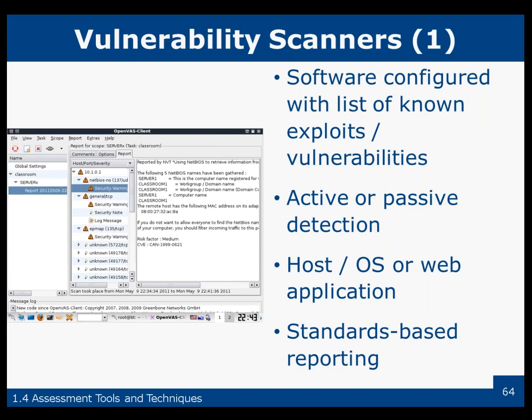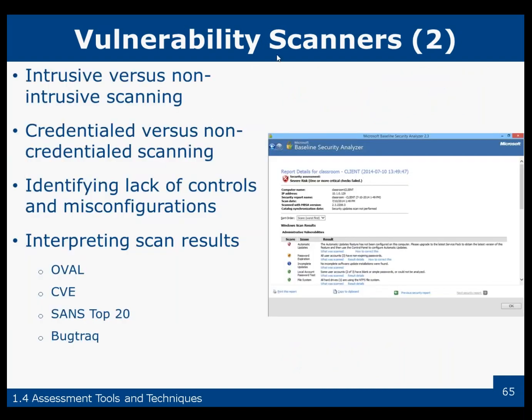We're going to do a host, OS, or web application, each of these things, and then the standards-based reporting. These things do that. They're going to tell you what's wrong with the system, what the risks are with the system, and what you need to fix it generally. But they should be run against particularly your servers to see what risks you have.